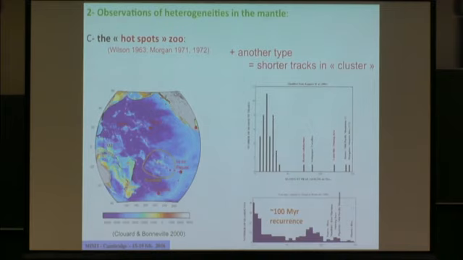What is interesting is that if you reconstruct where the Darwin Rise was 100 million years ago when it was active, it was on top of this Pacific superswell now. So in fact, there seems to be another type of upwelling with 100 million year recurrence, and that is creating on the surface a cluster of short tracks.